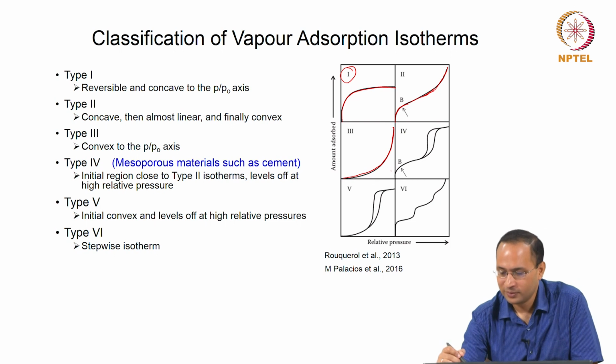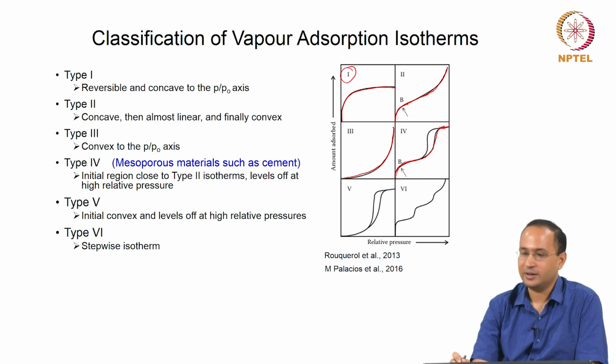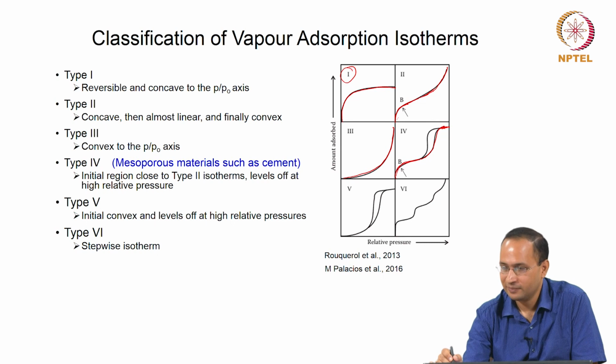Type 4: the initial region is close to type 2, then it levels off at high pressures. What you see here is a hysteresis.